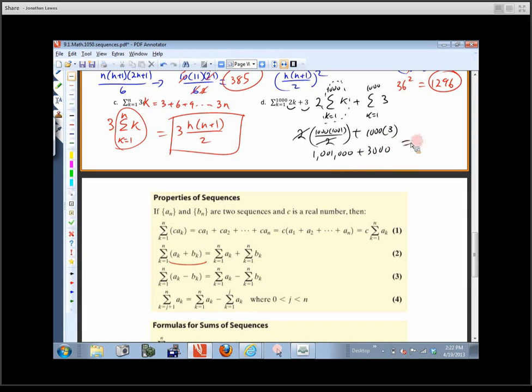So altogether, let's see, 1,000,000 plus 3,000 is 1,003,000. Okay, now I want you to stop and think about this for just a second. We just added up 1,000 numbers, and we did it this quickly, and we were yakking about it the whole time.